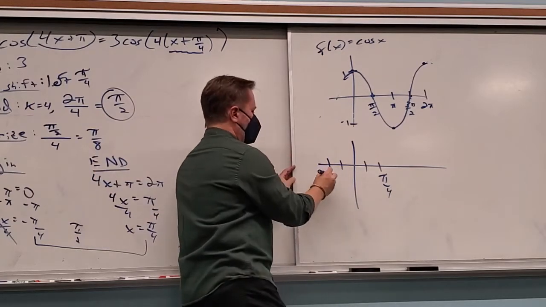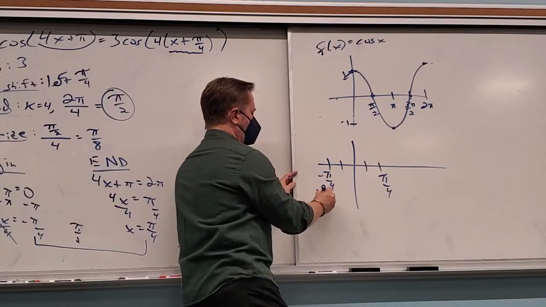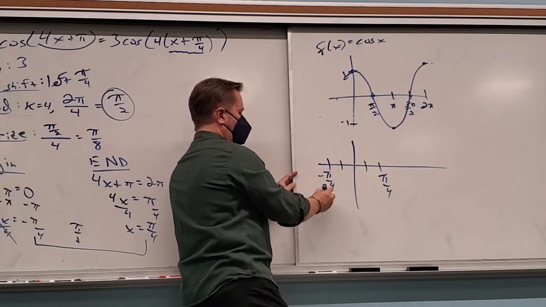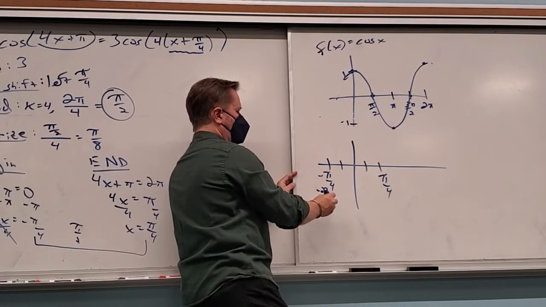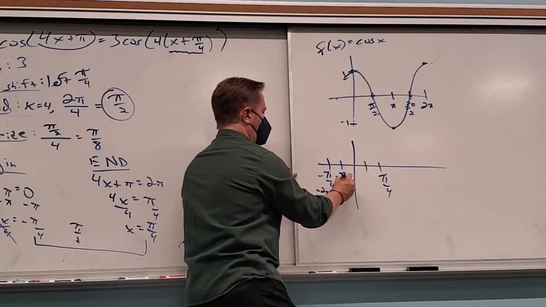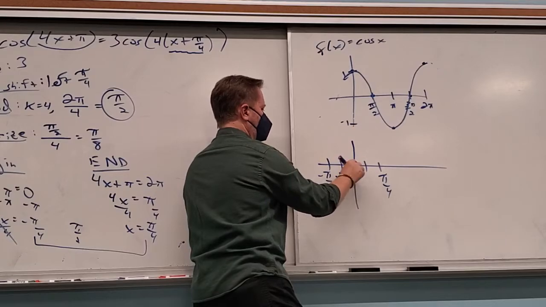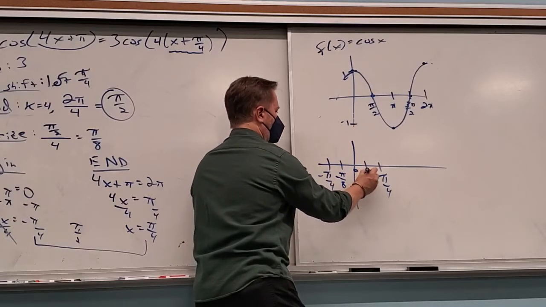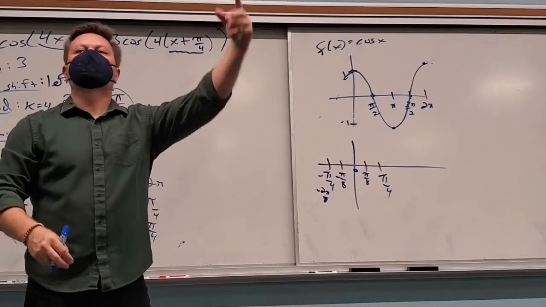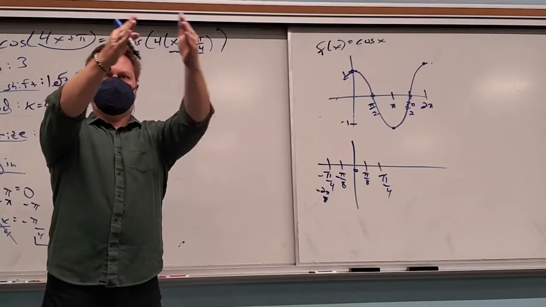Well, if I make this negative 2 pi over 8 and add pi over 8, where do I get to? Negative pi over 8. If I add another pi over 8, I get to 0. Another pi over 8 gets me to pi over 8. And another pi over 8, 2 pi over 8, pi over 4. Sweet. It all fits in there.